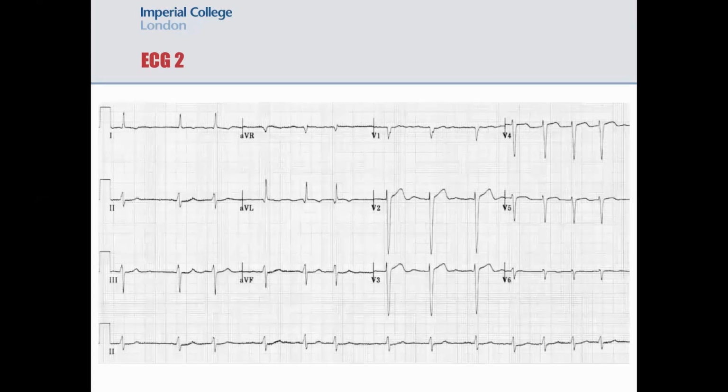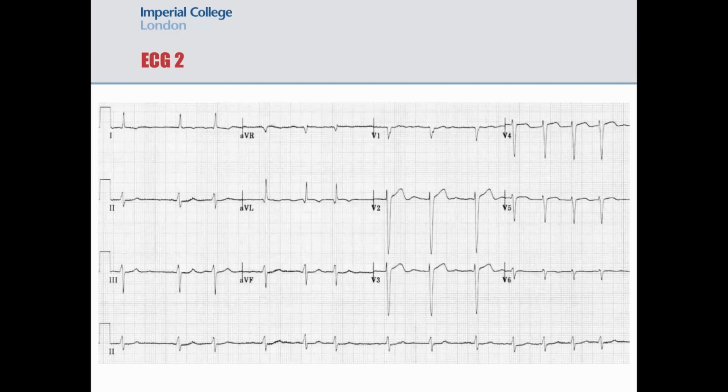Someone asked, why do we use the second lead? The reason is because of where the vector is on that pie chart I showed you before, the P wave is visualized best in the second lead. And to be able to determine rhythm, we need to see the P wave. Therefore, it makes sense to use a lead that can show you the P wave the best.